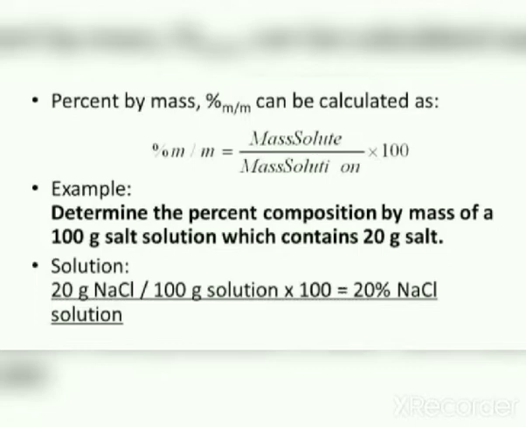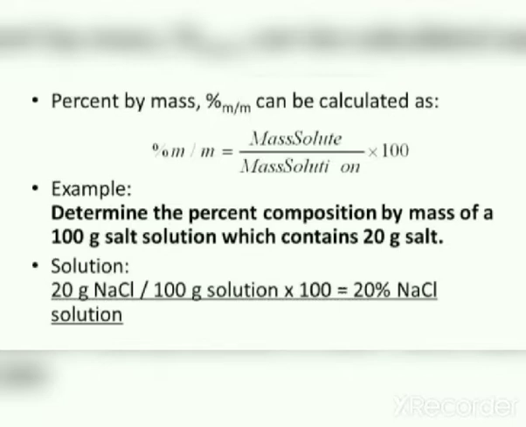You don't have to add the mass of the solute and the solvent. Here in this question, the total mass of the solution is given as 100 gram. So knowing the mass of the solution and mass of the solute, that is salt, you can calculate the mass by mass percentage, which will be equal to 20 divided by 100 into 100.